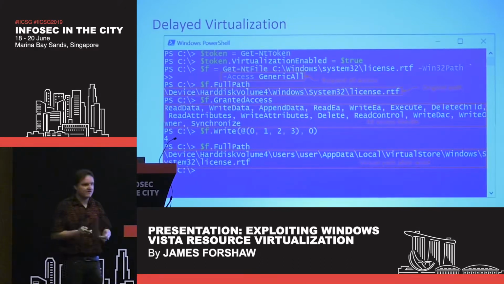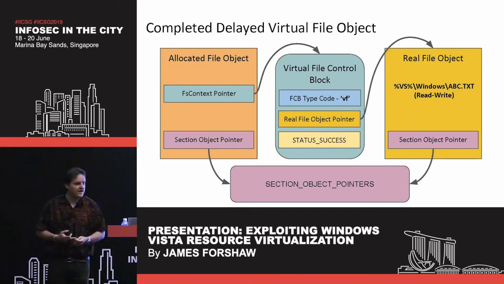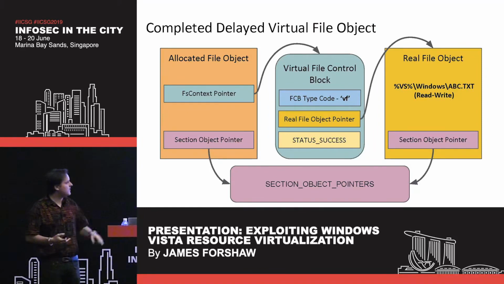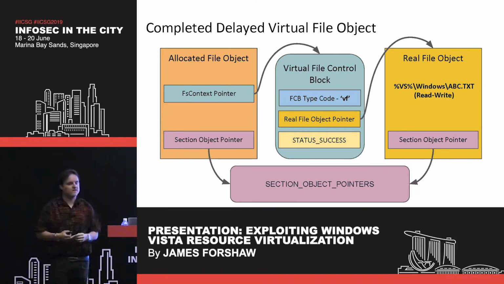So you kind of get this switching around. And that's what a completed delayed virtualized file looks like. Basically, you have your context pointer to your virtual file control block, which is basically the same. Those parts are the same. But now you've changed the real file object pointer to point to the read-write file, which we've created in our virtual store.